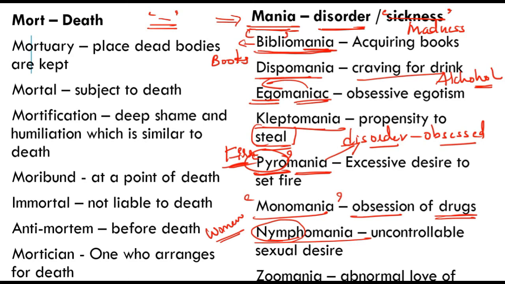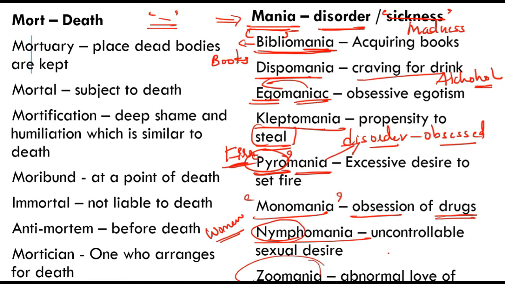Which is completely based on nymphomania, where there is one woman in the movie who is such a nymphomaniac that she is crazy to have sex wherever she goes, in spite of even not knowing the person with whom she would be having sex, etc. So that excessive, uncontrollable sexual desire is called nymphomania.